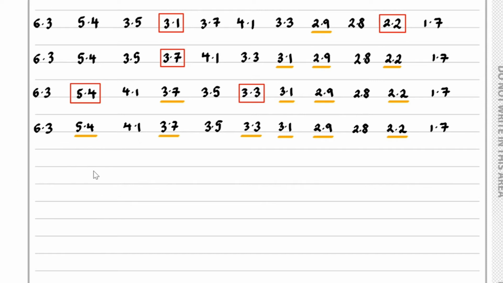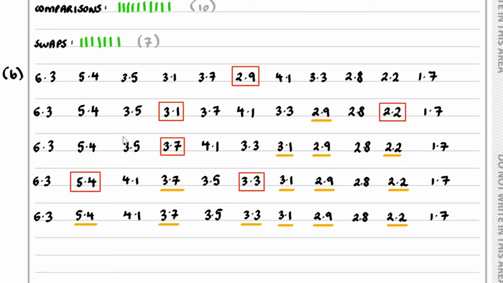We can't compare the 4.1 with anything. We can't compare the 3.5 with anything. And we can't compare the 1.7 with anything. And so what you can see here is our completed quicksort. So this is our completed sort.